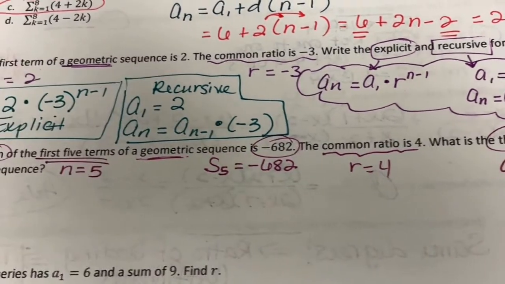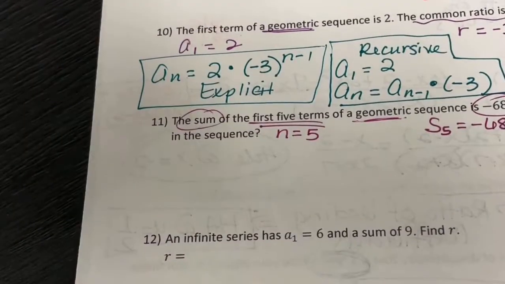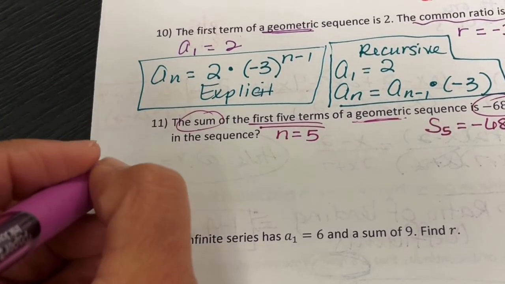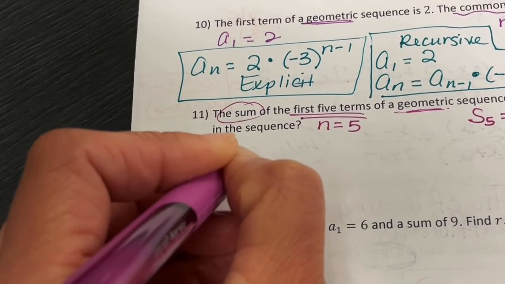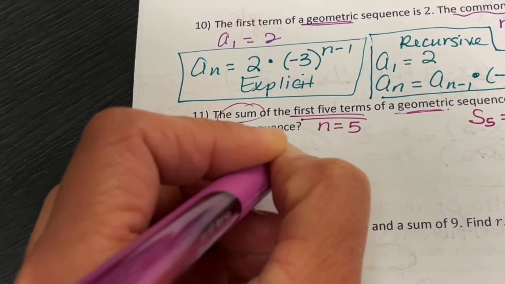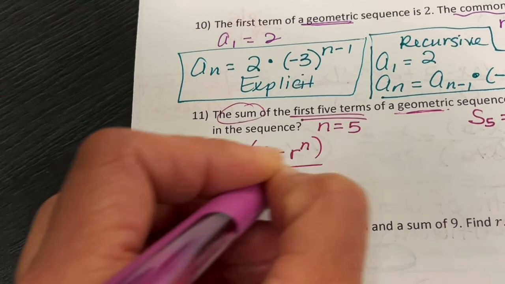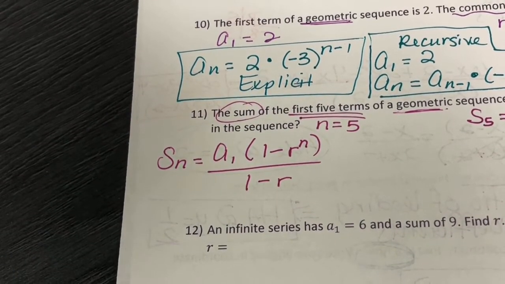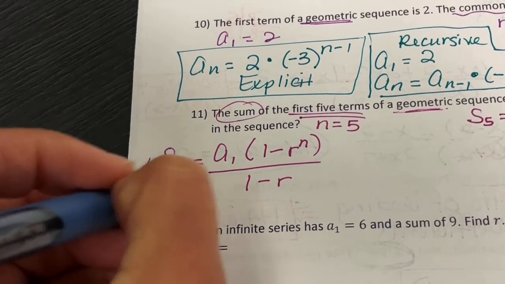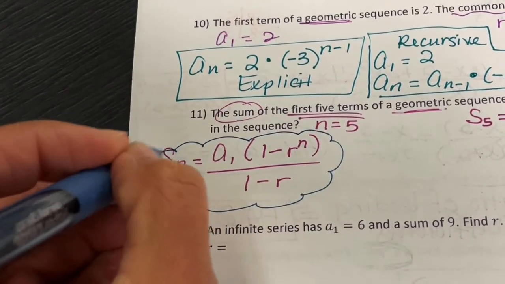Okay. Well, this is a geometric finite sum, so we're using a different formula. The formula for that is S sub n equals a1 times 1 minus r to the n all over 1 minus r. Okay? So we're gonna, well, let me bubble this. We're gonna plug in all the things.